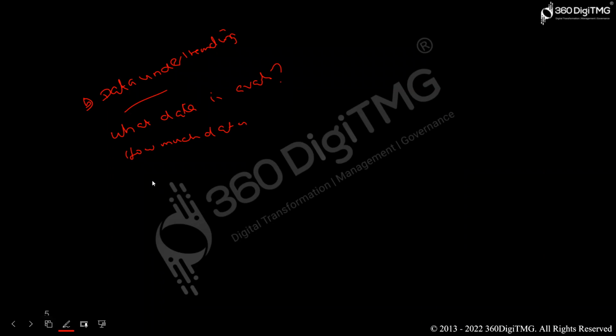How does the data map to the current method of completing the task today? What important metrics are reported using this data? So we are looking at the quality and quantity of data.